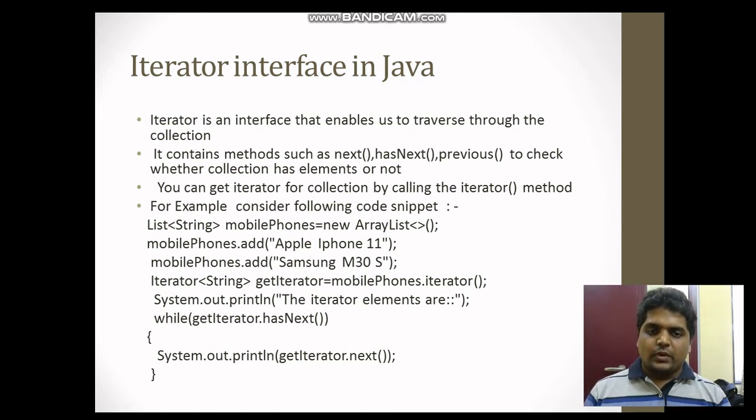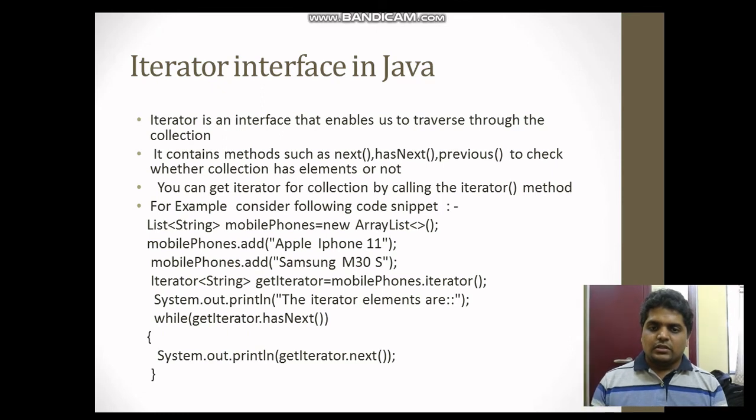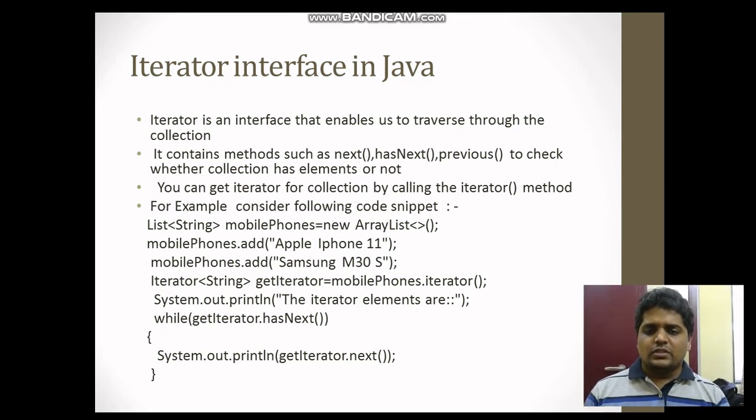So mobilePhones.iterator will call the iterator method on the list, and the elements can be retrieved using the next method. The hasNext just checks whether there are other elements in the iterator. It will go on returning true as long as there are elements that exist in the iterator.